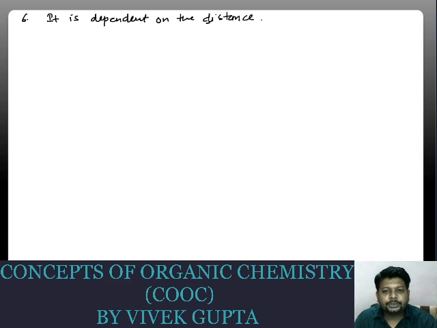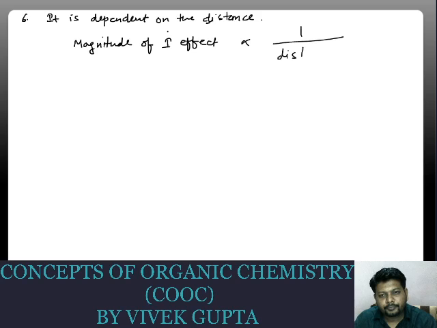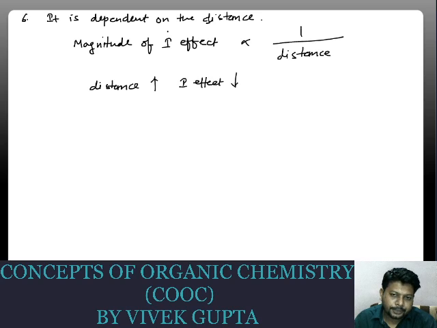Means this effect depends on the distance, and the relationship is: the magnitude of I effect is inversely proportional to distance. That is, as the distance increases, I effect decreases. Means as the distance will increase, the magnitude or the amount or the extent of I effect will decrease.